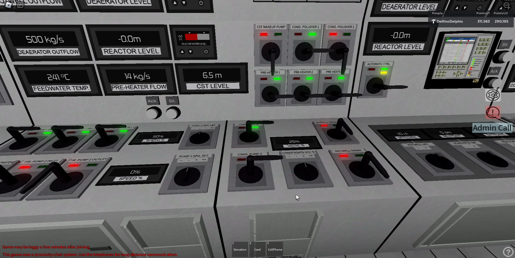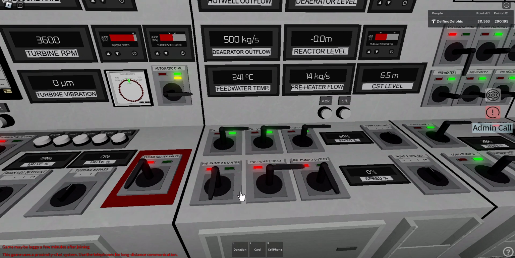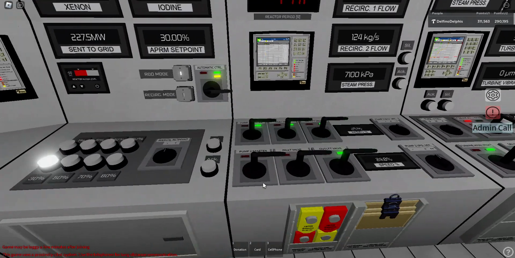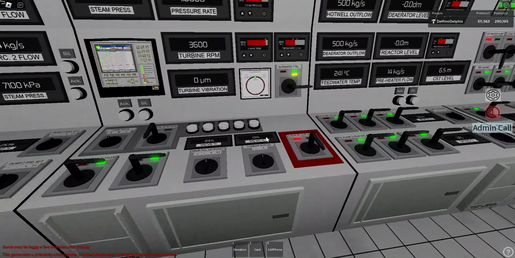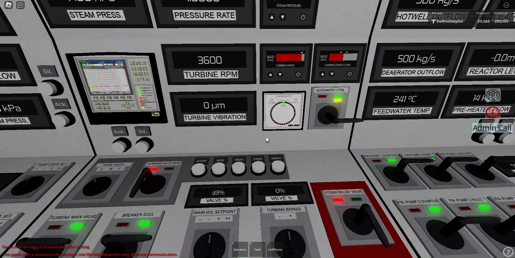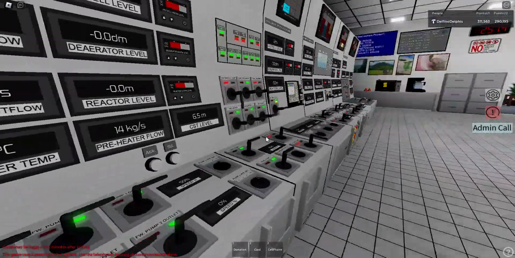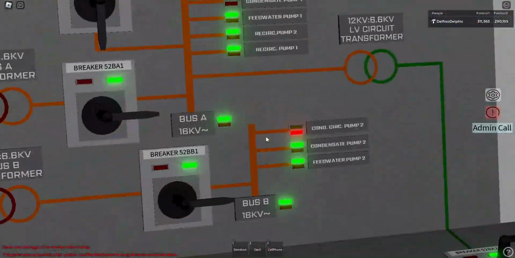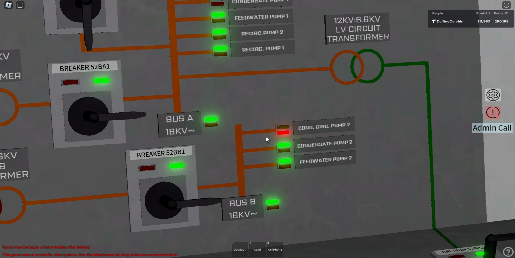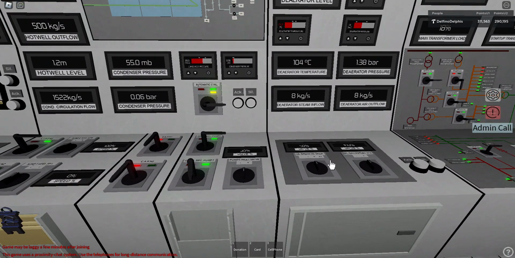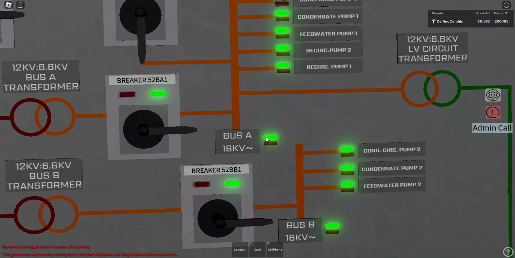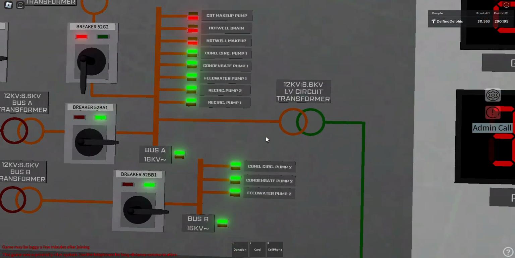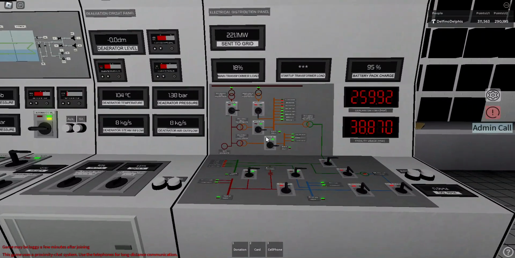I can enable this. And now I can use the full power of the reactor. That's just to confirm. Oh, condenser circulation pump. I forgot this one. Okay. So just to confirm, all important pumps are powered. Yeah, we are good to go.